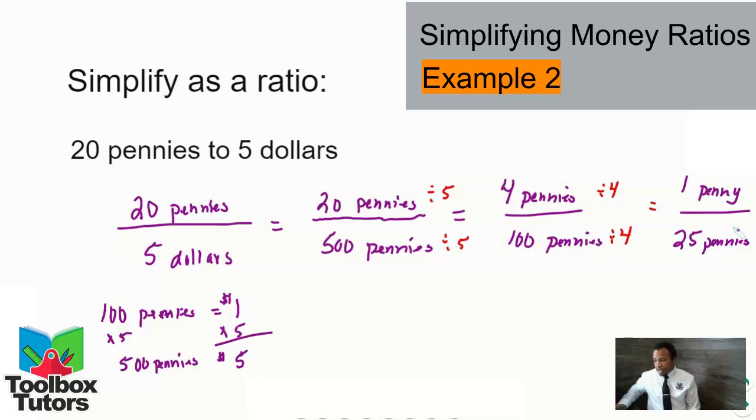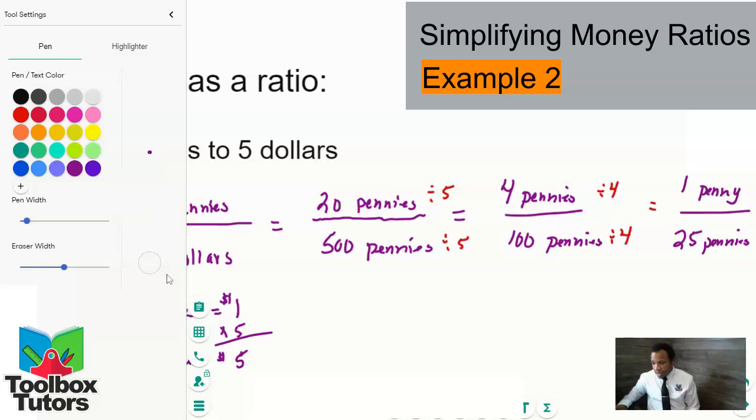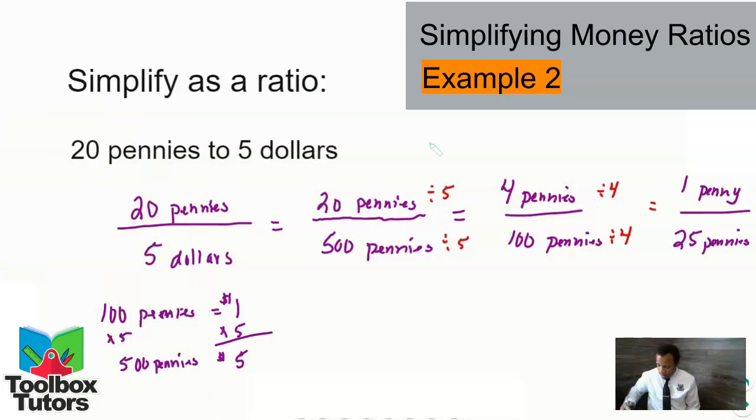Some of you may be looking and say, well, why did you take the long way if you knew you could divide by 20 in the beginning? I'll go back and show you the steps on how it still would come out the same. So let me pick a different color. All right, so starting from this step, I'll just rewrite this here.